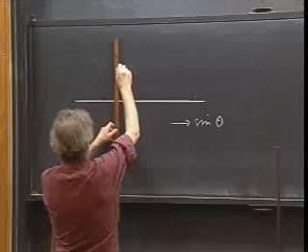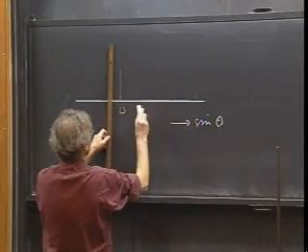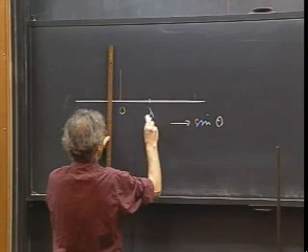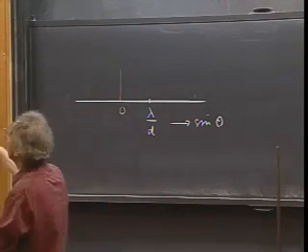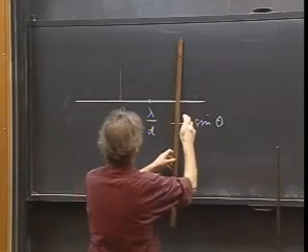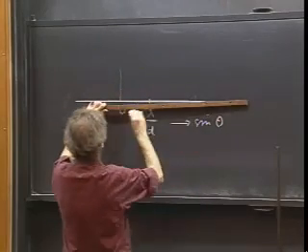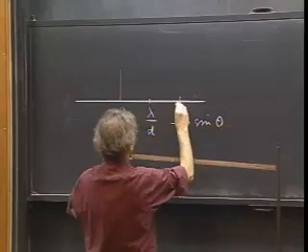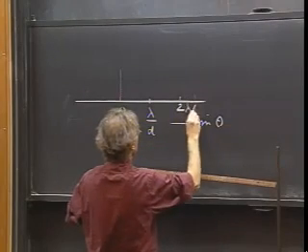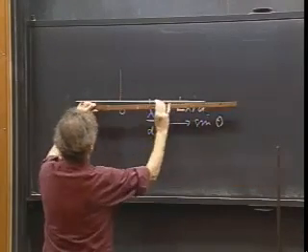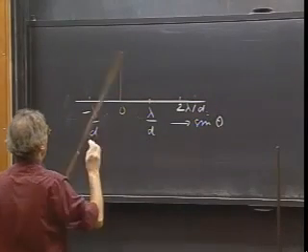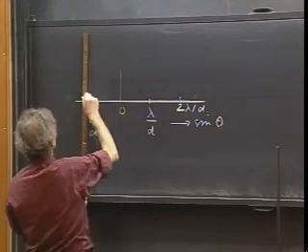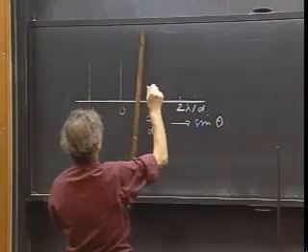And so here is 0. Let here be lambda divided by d. That is where my first maximum will come. You can see that. And then here, the same distance, I have 2 lambda divided by d. And on the other side, I have minus lambda divided by d. And all of these are maxima, constructive interference.